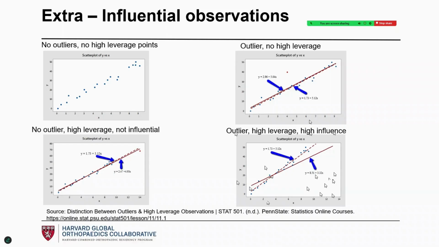And lastly, we see whether it has a high influence. We have the straight continuous line, which is the model fit with the red dot there, that has an estimate for the beta 1 coefficient of 3.32. And then we take the red dot out and fit the model, which is represented by the dashed line, and we see that the beta 1 coefficient there is 5.12.